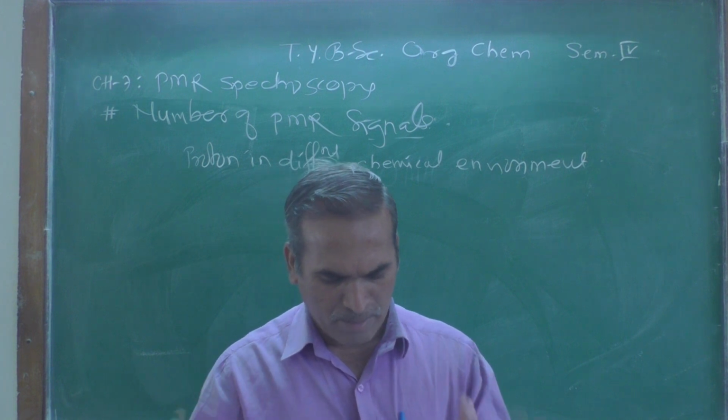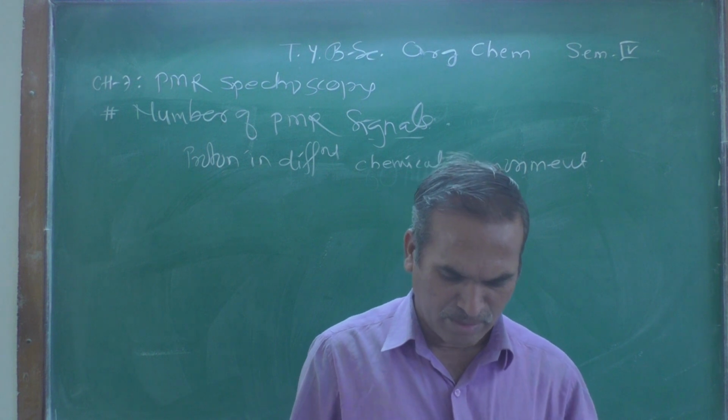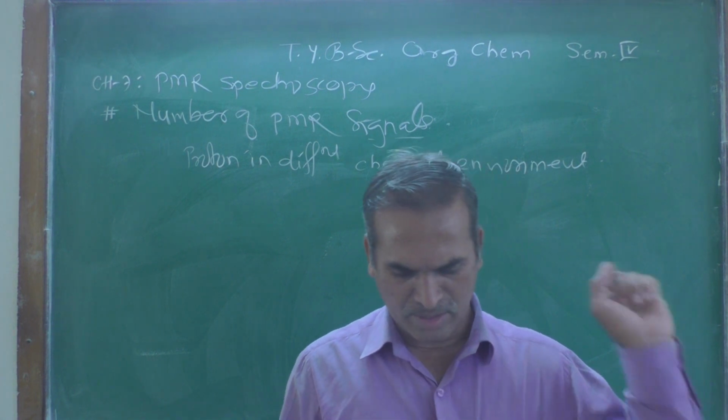Therefore, the number of PMR signals or peaks is equal to the number of types of proton in the molecule.